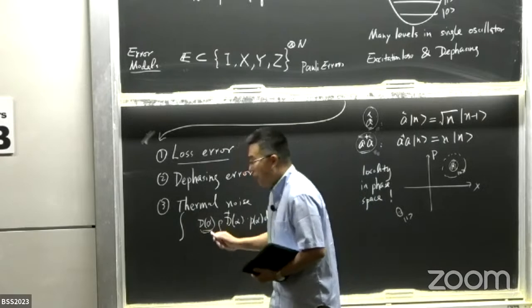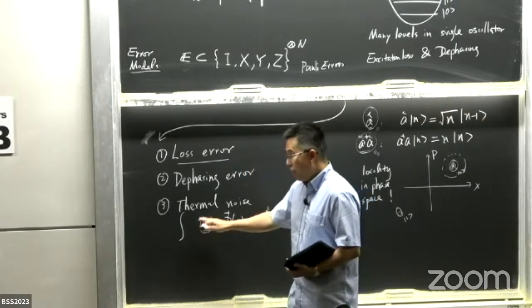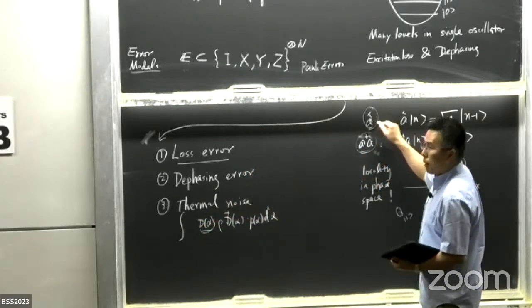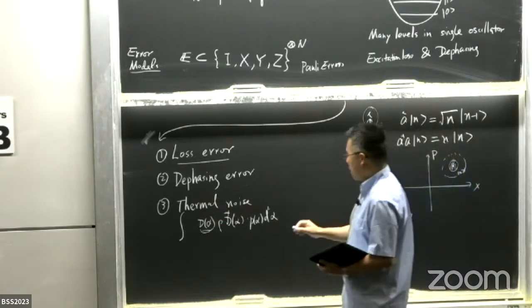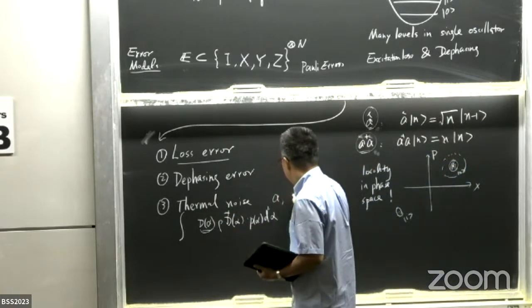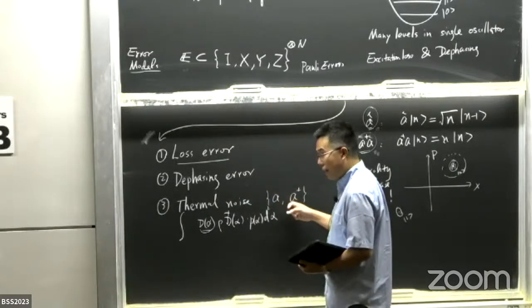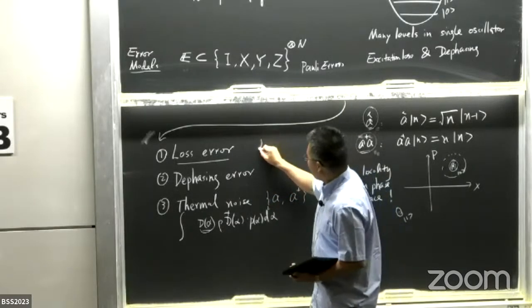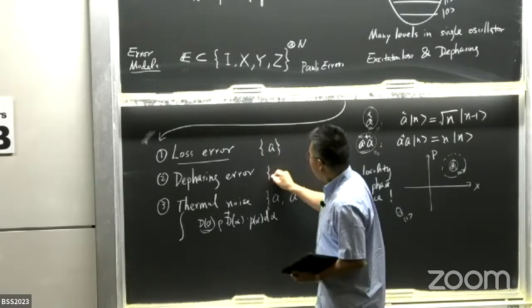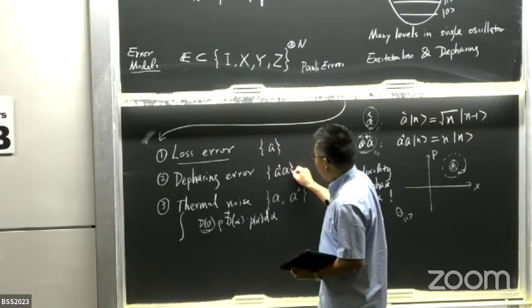Now notice that the displacement operator for small alpha, you can expand as A plus A dagger. So this will consist of A and A daggers, or some linear combinations, while the loss is mostly A, and the dephasing is A dagger A.